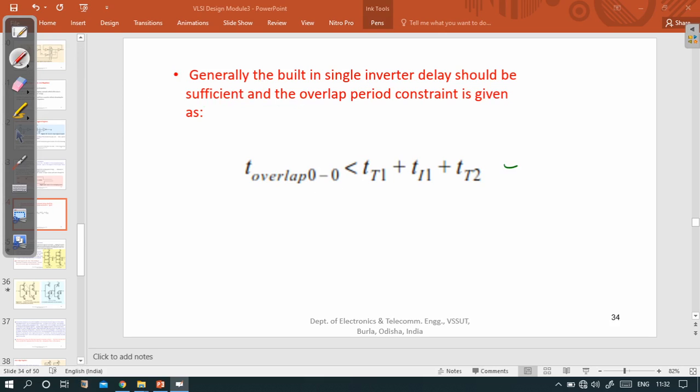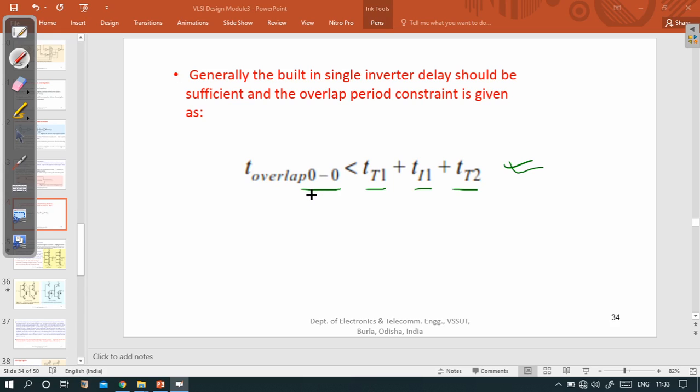If the circuit is drawn and the clock signal is derived such that this 0 0 overlap is smaller than the delay of the first transmission gate, the delay of the first inverter and the delay of the second transmission gate, then the effect of this 0 0 overlap and 1 1 overlap will not be affecting the performance of our circuit.